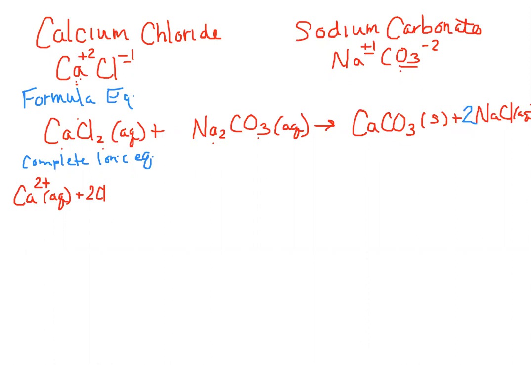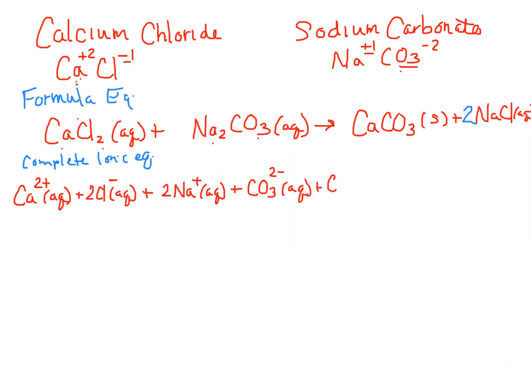We've got 2 chlorines, which has -1, so we can just put a minus, plus 2 sodiums, which has a plus charge of 1, and 1 CO3, which has a -2 charge.